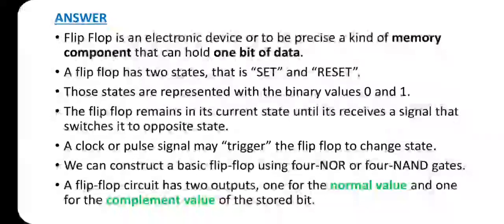The flip-flop remains in its current state until it receives a signal that switches it to the opposite state. A clock or pulse signal may trigger the flip-flop to change state. We can construct a basic flip-flop using 4 NOR or 4 NAND gates. A flip-flop circuit has two outputs, one for the normal value and one for the complement value of the stored bit.